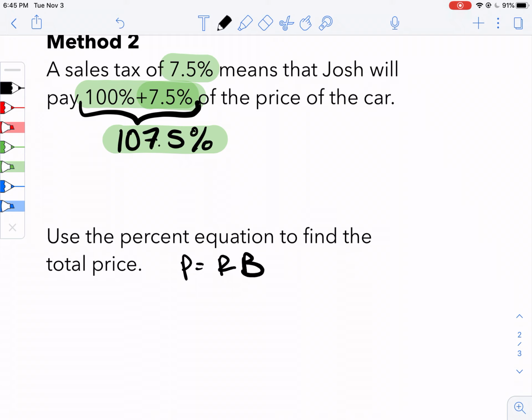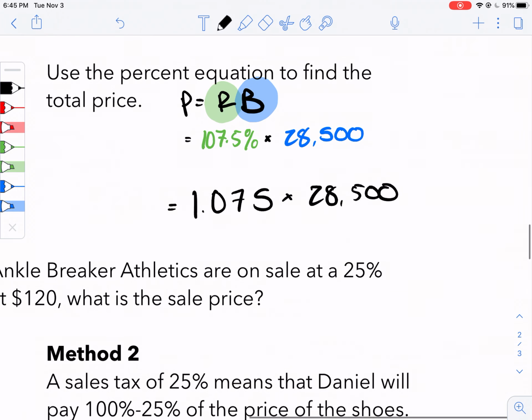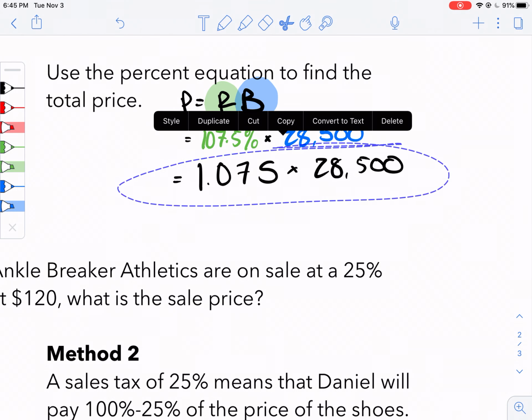So we've got our new percent, which is 107.5%, and we've got our base, the original price of the car, which was $28,500. Now we multiply those together. That's the same thing as 1.075 times 28,500, which comes out to, guess what?